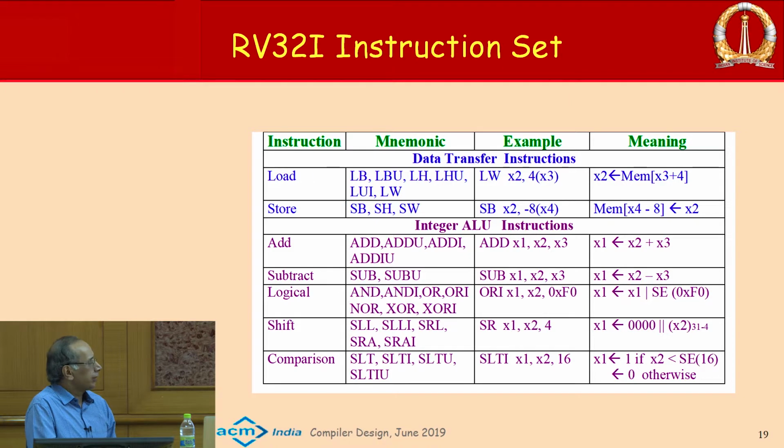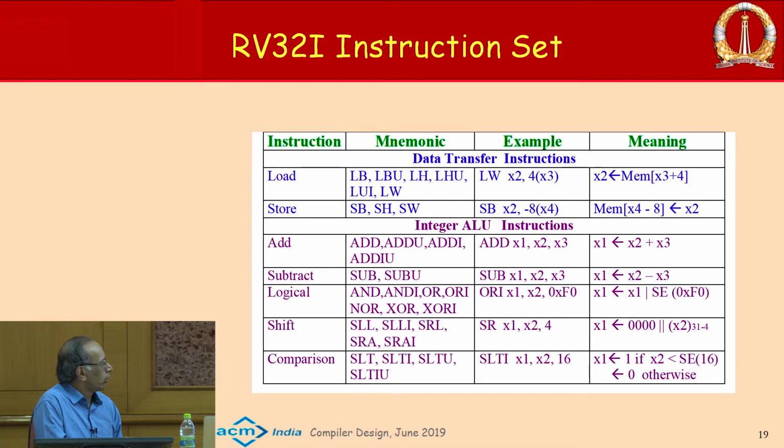Okay. Arithmetic instructions. These are the arithmetic instructions. They operate on registers, that means the entire 32 bits. And you can have add unsigned, add immediate with unsigned, and so on. Similarly for subtract, logical operations, and so on and so forth. I will not go into all of these operations, but you can see that when you write add x1, x2, x3, the contents of x2 and x3 are added and put into x1.